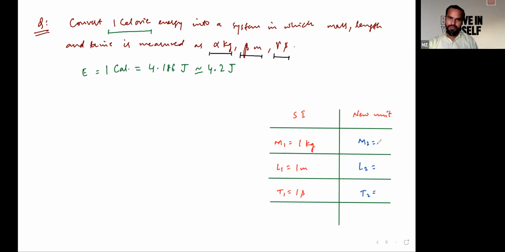Just see, M2 is nothing but alpha kg, L2 is nothing but beta meter, and T2 is nothing but gamma second. So just compare the unit of these two terms. They are equal, so we don't need to convert from one to another. Their units are equal in either of the two senses. So you just have to put all the values which are written in this table and try to simplify.